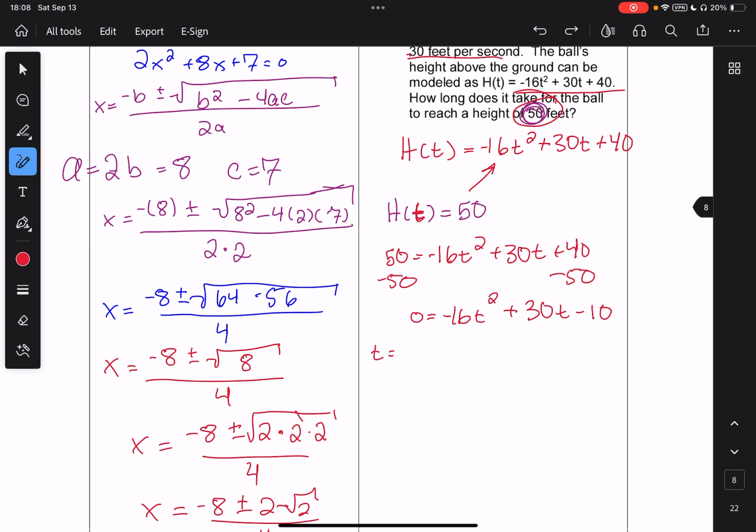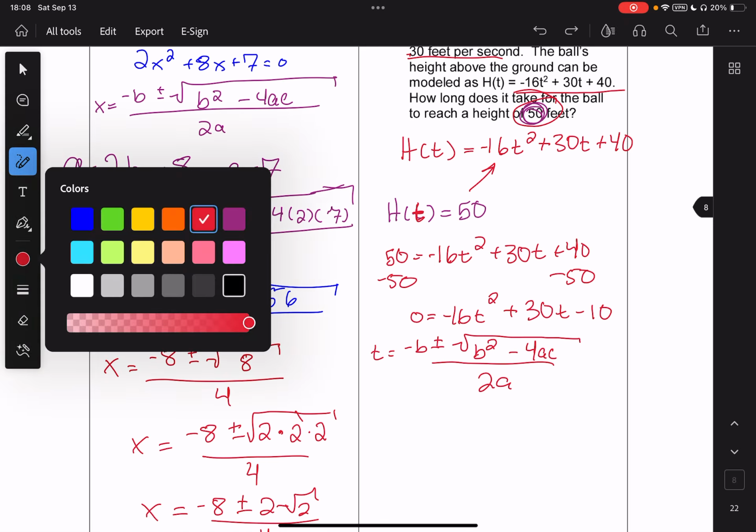So we use our quadratic formula of x equal to negative b plus or minus the square root of b squared minus 4ac all over 2a, where we have our t.